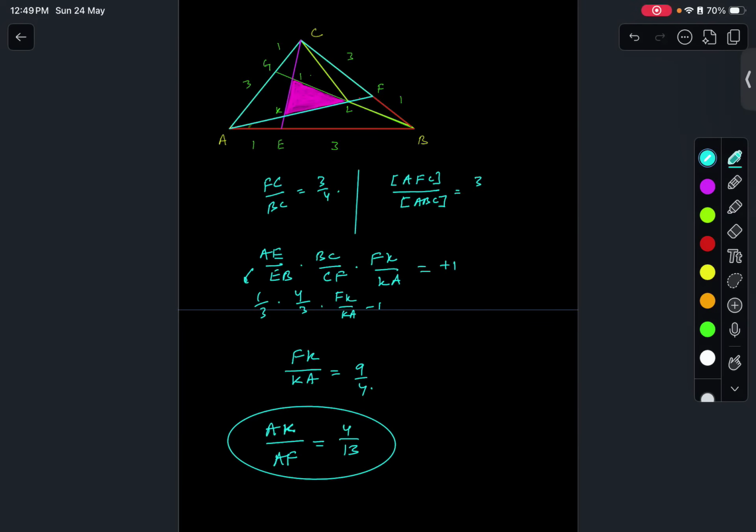Done, everyone? Now, this is your job to find everyone. Now, again, you have to apply this, but this time you have to find FL upon AF.